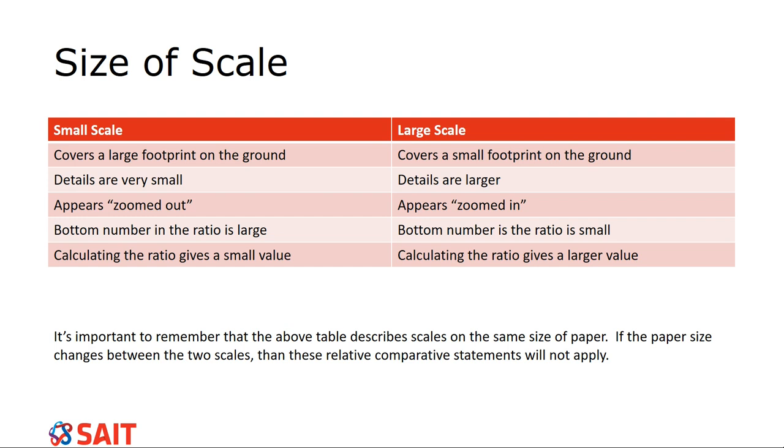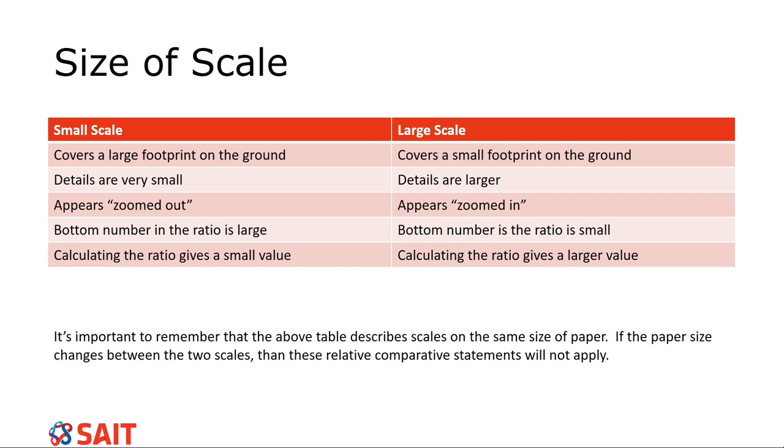So to compare, with a large scale we have a very small footprint on the ground, so we actually have very large details. If we zoom into the map, now we have a large scale. You'll see that in Google Earth, as you move in, the scale goes down; the number after the colon actually decreases.